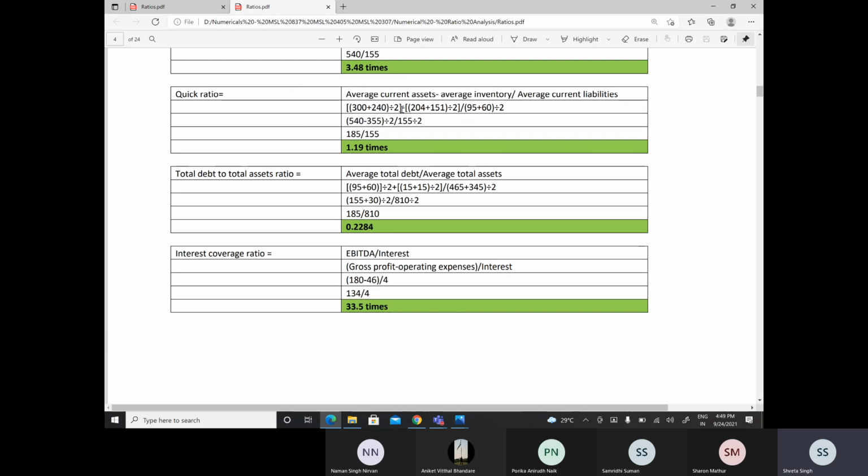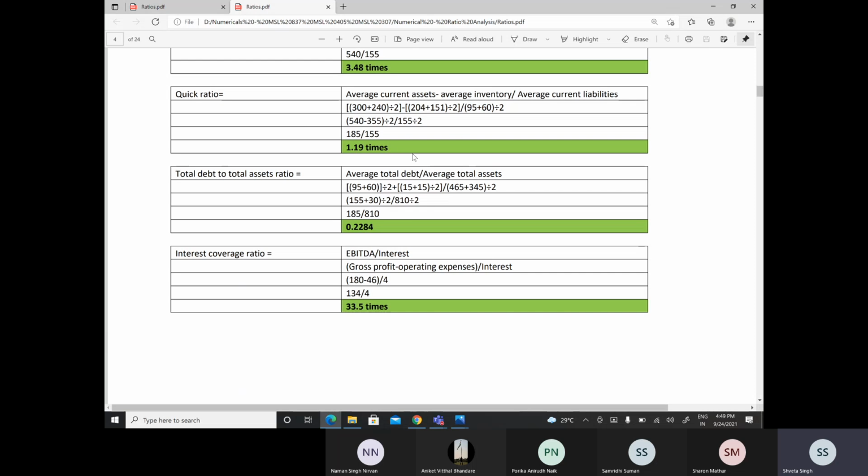Quick ratio is nothing but average current assets minus average inventory upon average current liabilities. So we know the average current assets values, we know the average current liabilities values. The average inventory is 204 plus 151 divided by 2. This is subtracted from the average current assets. The value becomes 185 divided by 155, that is 1.19 times.